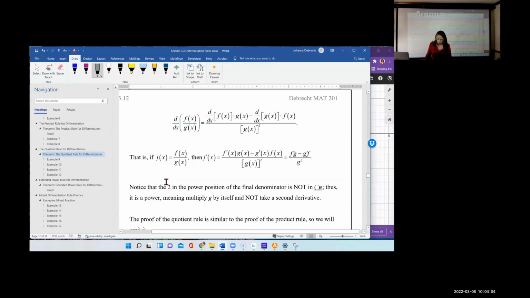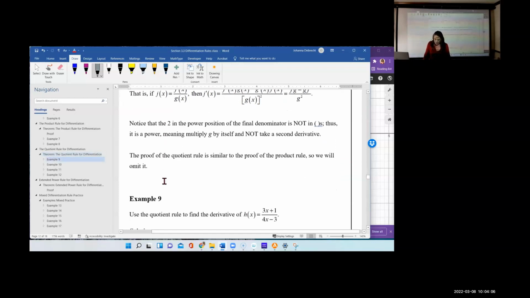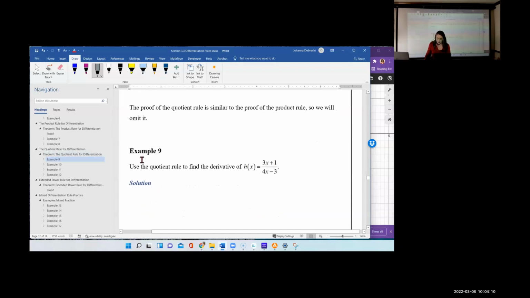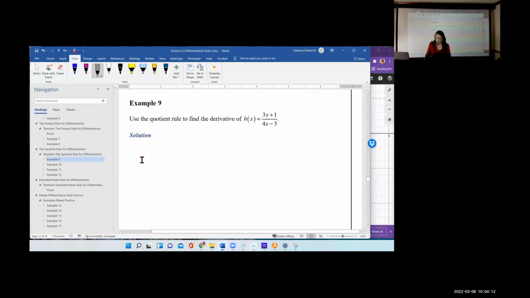We are not going to go through the proof. The proof is similar to the product rule, but it does take quite a bit longer, so we're going to leave it off. So when you're talking about the quotient rule and doing the derivative, could you do it a different way? Well, yes, technically you could use long division.